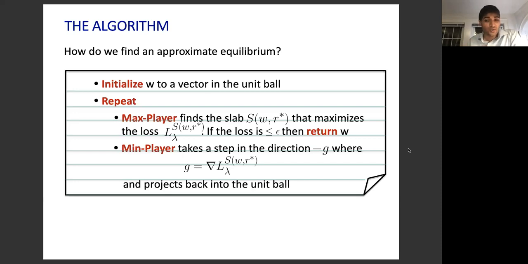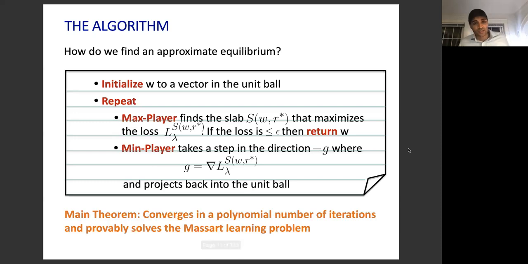So what you should do to improve your current estimate is take the gradient of this loss and take a step in the direction opposite to the gradient and project back to the unit ball, because that's the space of hypotheses you care about. It turns out that you can use a lot of standard tools from online convex optimization to show that this simple algorithm actually provably finds an approximate equilibrium, and hence provably solves this Massart learning problem.